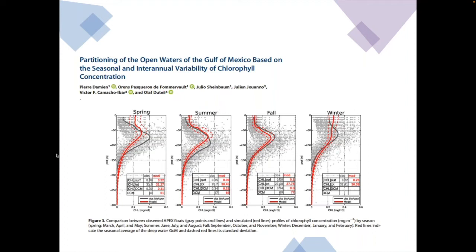So the vertical axis is depth, and the red curves are the model, and the gray curves and the gray dots are the observations. And the model, as usual, is not perfect, but we claim that given the limitations of these models, the model is actually doing relatively well. If you go to the next one, please.